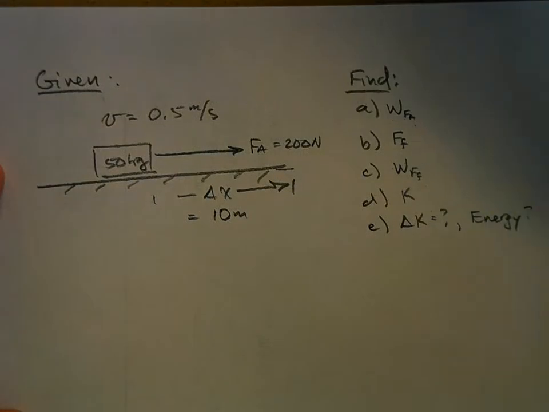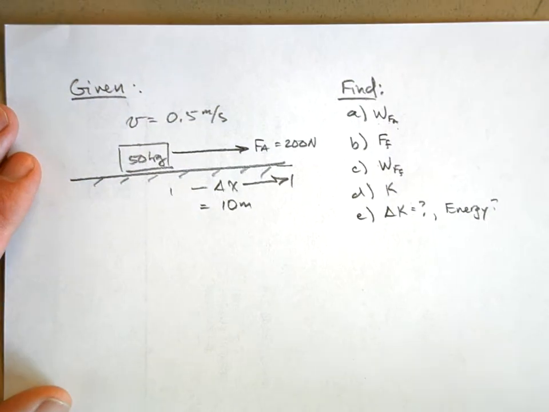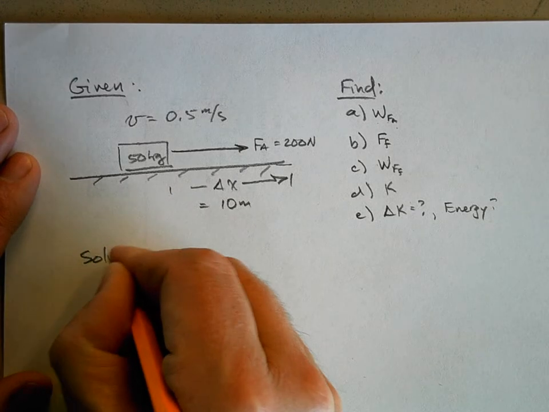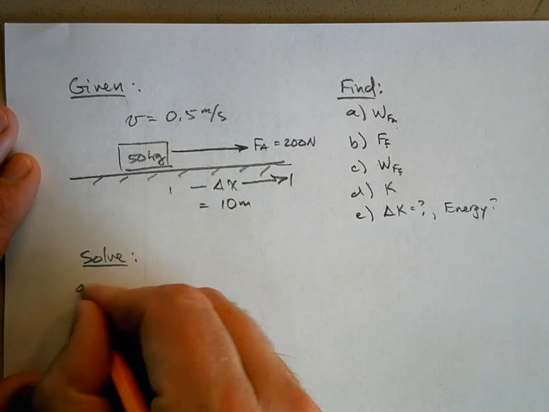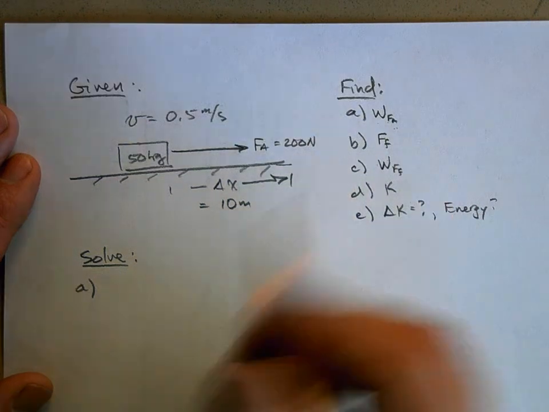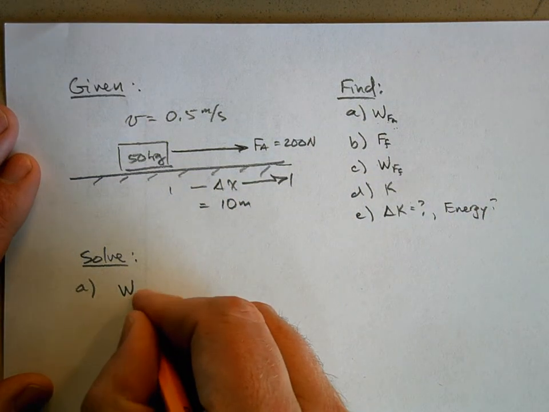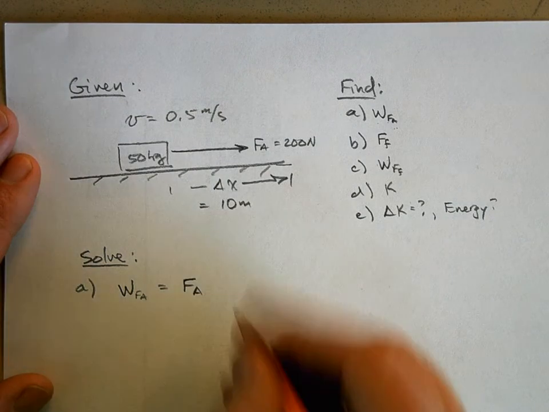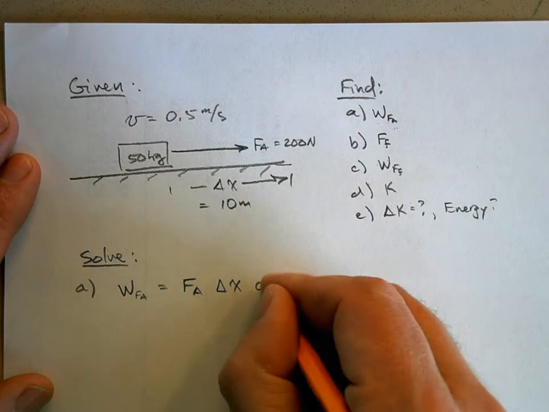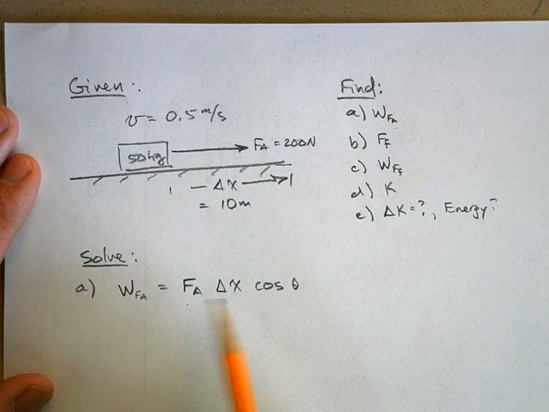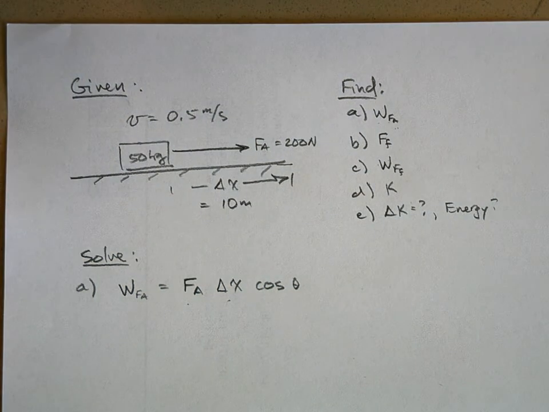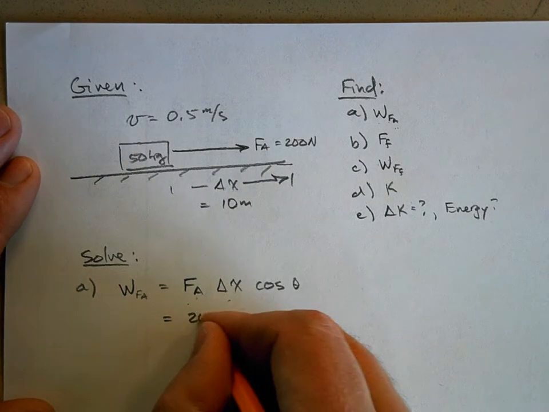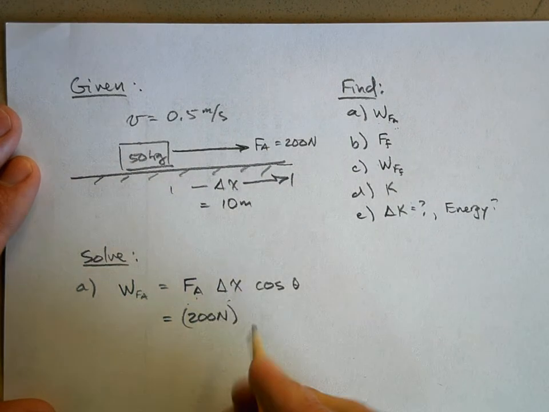So let's solve it. I'm going to zoom out just a tad. Okay, so for part A, the work done by the applied force is equal to the applied force times delta x times the cosine of the angle between this force and this displacement. And we know all that. What's the applied force? It's given to be 200 newtons. What's the displacement?